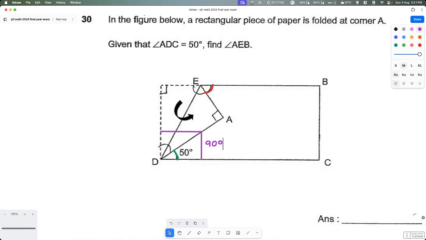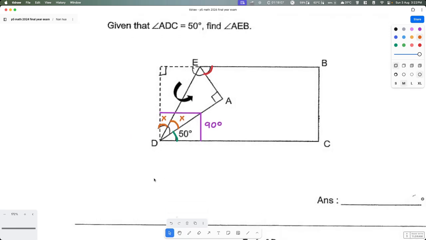And then at the same time, I'm going to draw out maybe blue or orange, dark orange. Okay, so this one and this one. Okay, so let me call it angle X. So any folded is actually the same. So in this case, any folded angle is equal to 2 of same angle, which in this case is angle X, right?